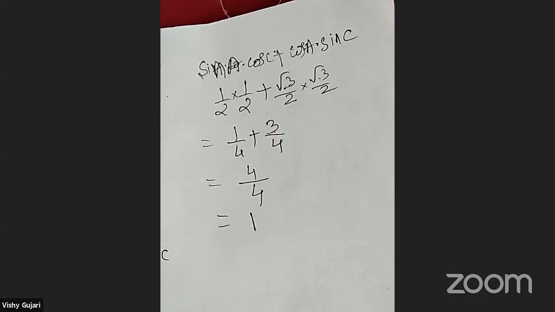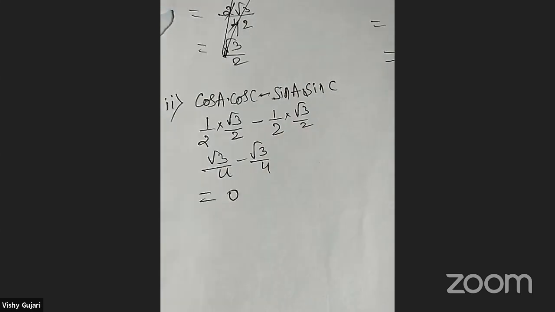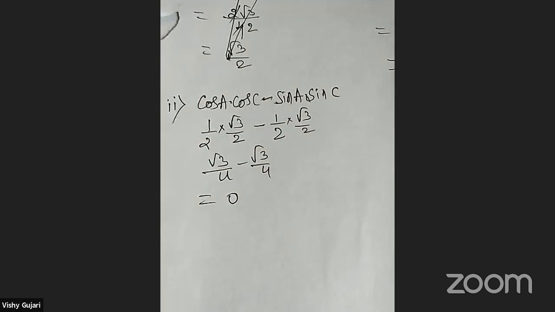Completed, sir. Sir, take down. Write down the second one. Sir, take the first one. Completed, sir. Just a minute, I'll come back. First, you finish off this second one. Finished, sir. Okay.